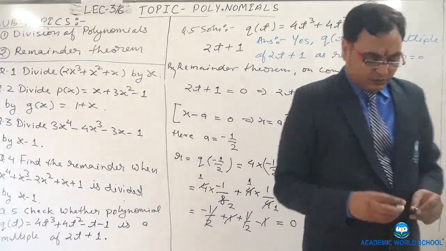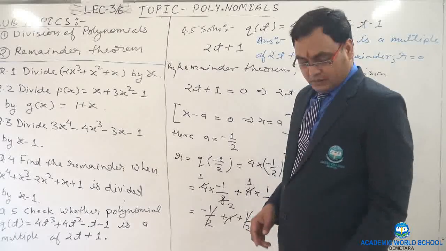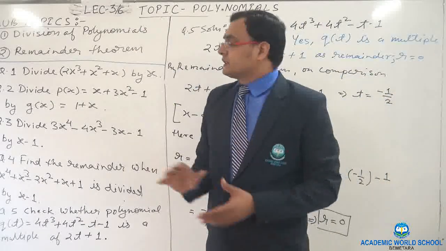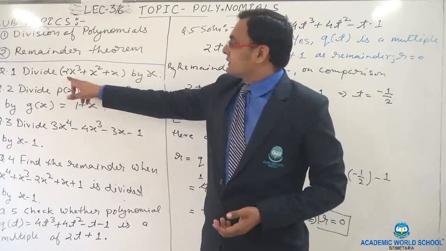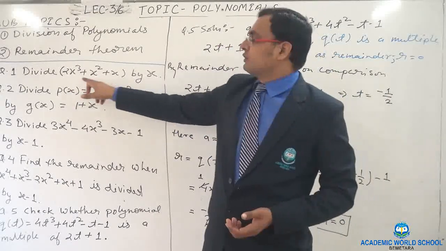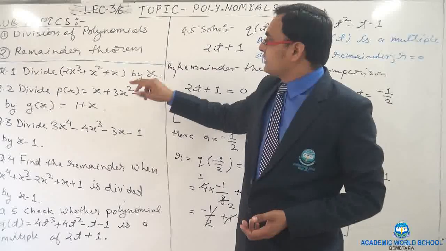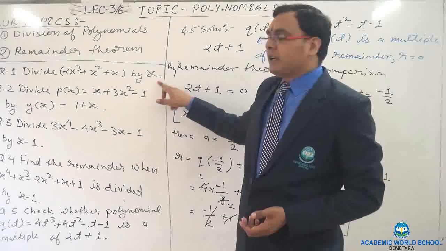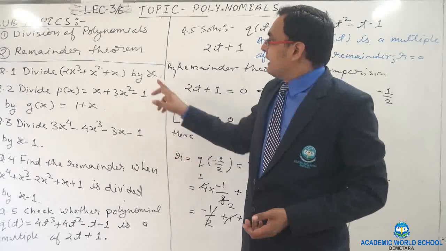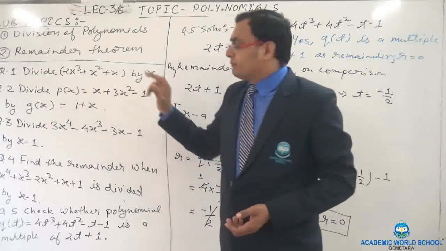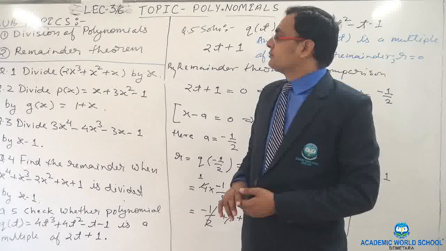Today we have discussed division of polynomials. We checked how to divide this polynomial, which is a cubic polynomial, trinomial actually 3 terms, by this term x. It was a simple division. We divided this x in all these terms separately and we got our answer.